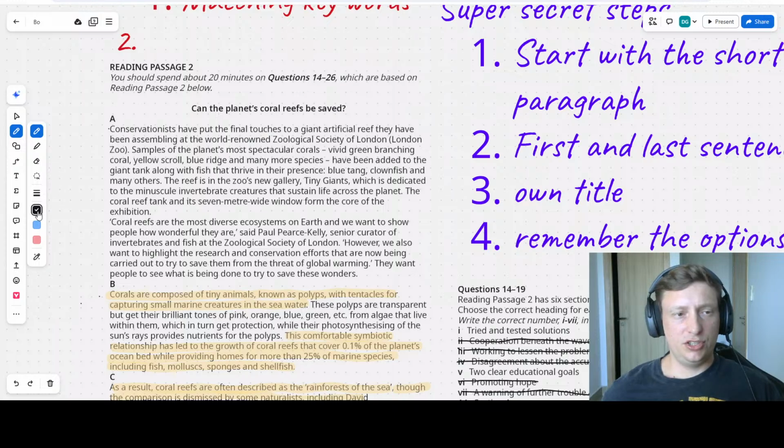Okay, I'm not really sure this sentence is relevant. So I'm going to start reading the next paragraph, because usually each paragraph has its own sort of theme, and I think this is just giving us some information about London Zoo. Coral reefs have the most diverse ecosystems on Earth, and we want to show people how wonderful they are.